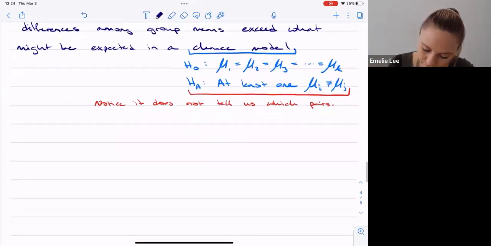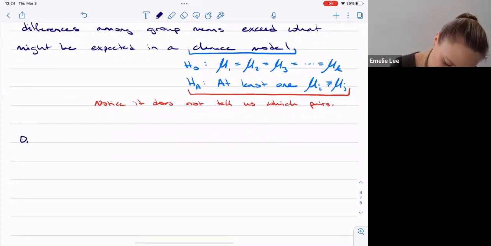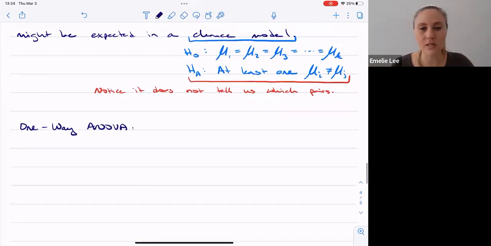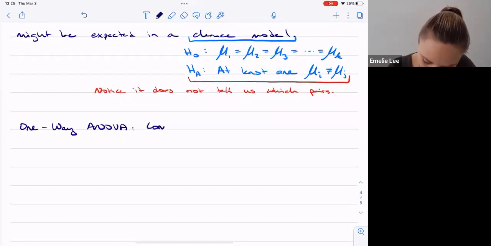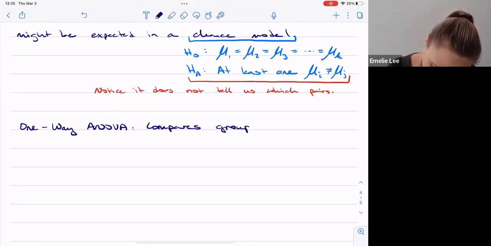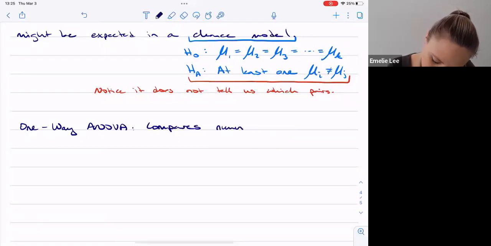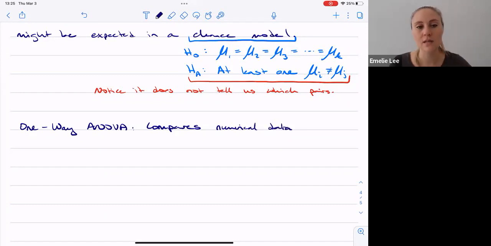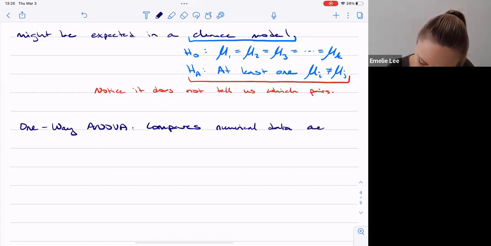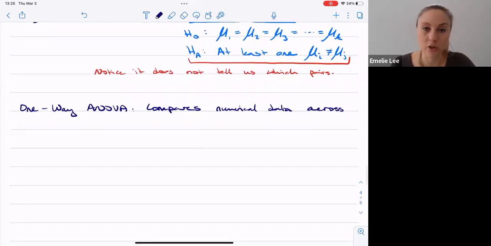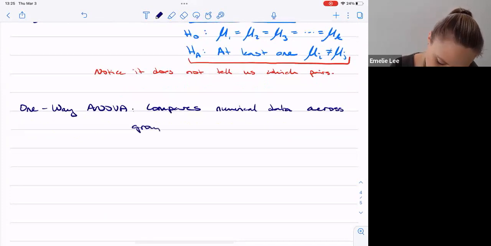And so the difference between a one-way ANOVA: a one-way ANOVA really just compares groups over one factor, and maybe I should say compares numerical data, usually the means, across groups of one factor, groups from one factor.